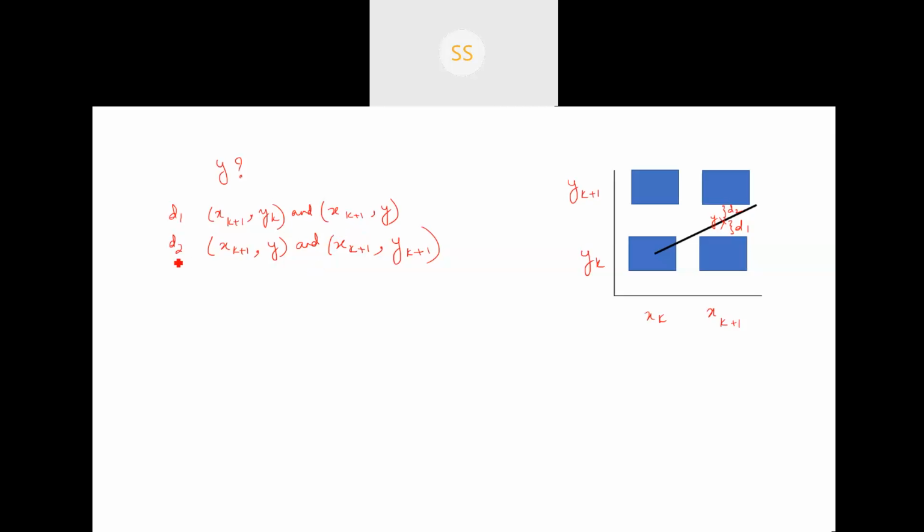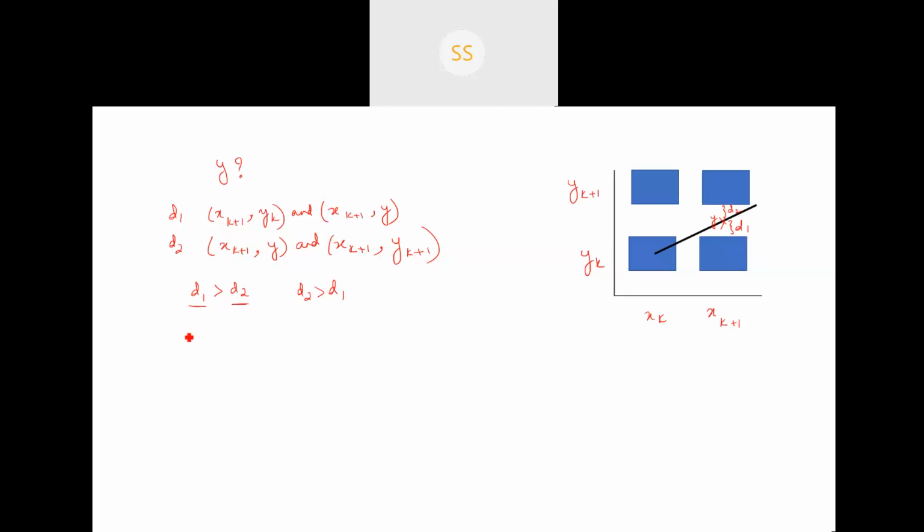Then we have to see which distance is larger. Is d1 larger or d2 larger? Or conversely, which is less. I have to check whether d1 is less than d2, or d2 is less than d1. If the distance d1 is less than d2, what do I have to do?